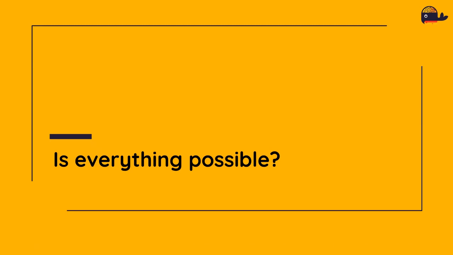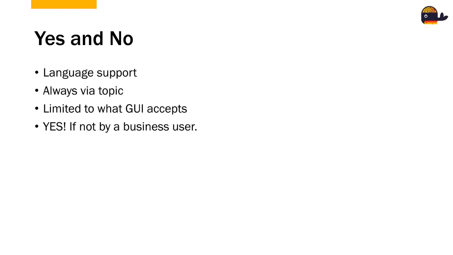So, is everything possible within Power Virtual Agent? Yes and no. We have language support. Multi-language is, for example, something that is not possible. Things always need to go through topics.